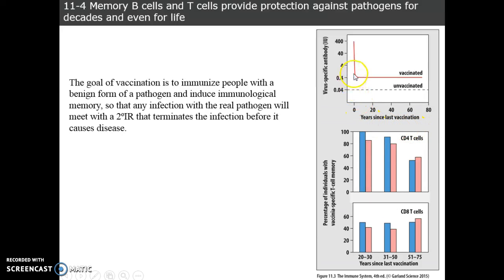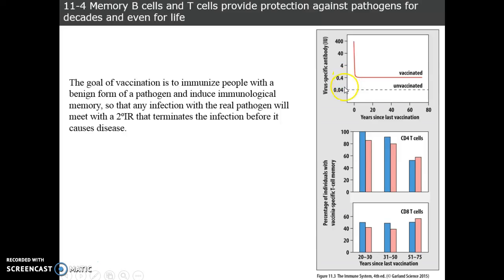So here a person gets vaccinated, time 0, for a virus, and the test is looking at antibody in this person. Here's the unvaccinated at 0.04 in terms of units, almost 0, almost unmeasurable.